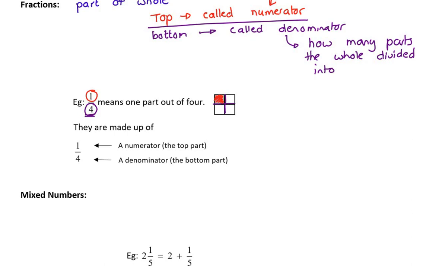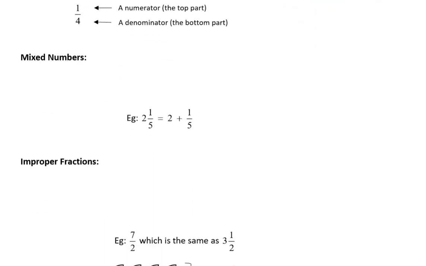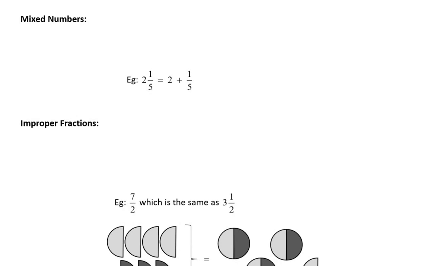Okay, now, to be honest, that's pretty much the important thing about fractions, and after that everything kind of falls into place. So let's look at a couple of other definitions which we should know. A mixed number is basically when you have a number of wholes, so you have a whole number and then the fraction part.